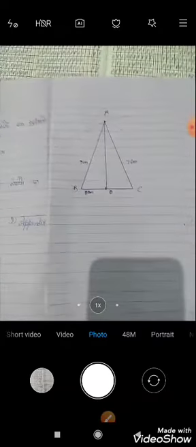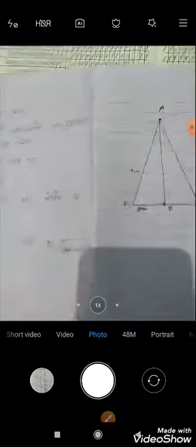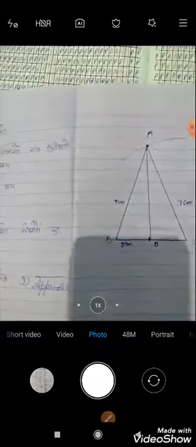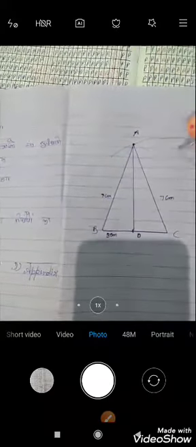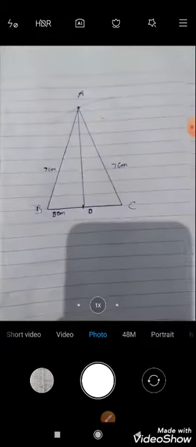To verify that AD is the altitude of triangle ABC, for this we measure angle ADC or angle ADB. If this angle is equal to 90 degrees, it means AD is the altitude of the triangle ABC.